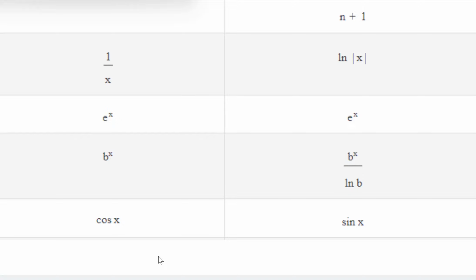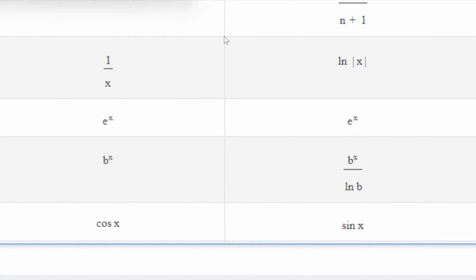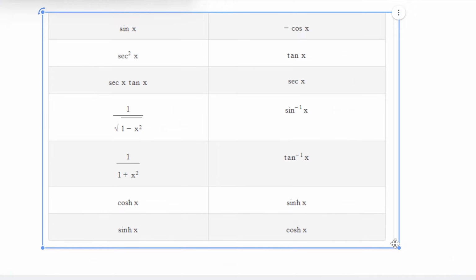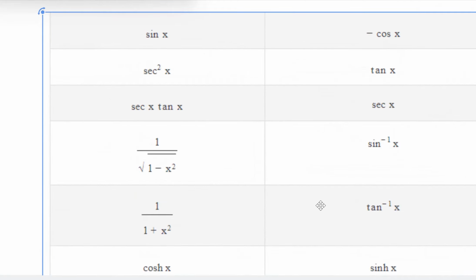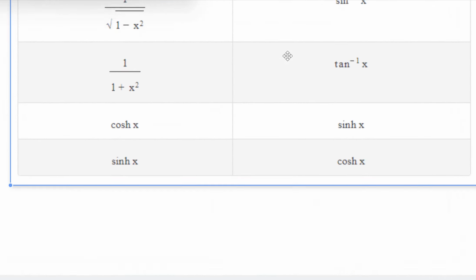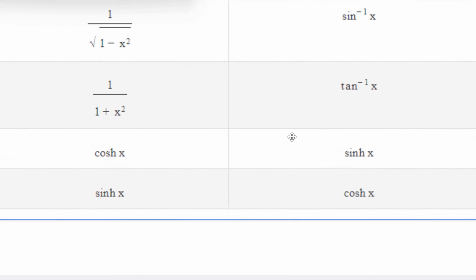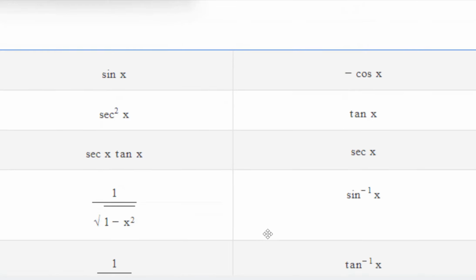Cosine of x is sine x, because remember it just goes backwards in that rule, that 4 steps. Got those? Because there's more. So a lot of these, some of these you're going to use, some of these you're not.